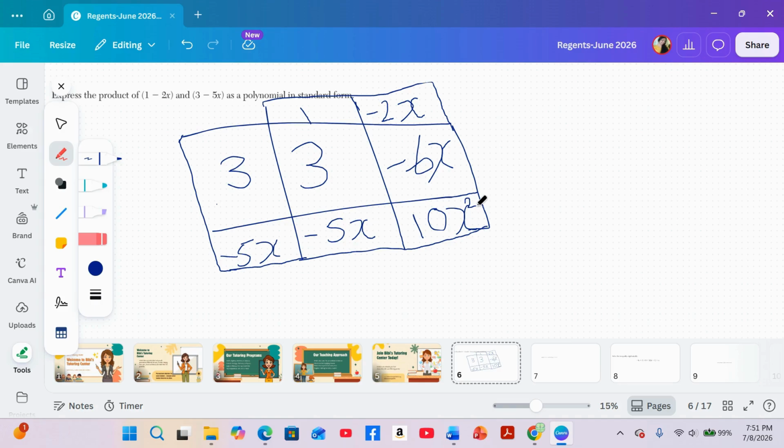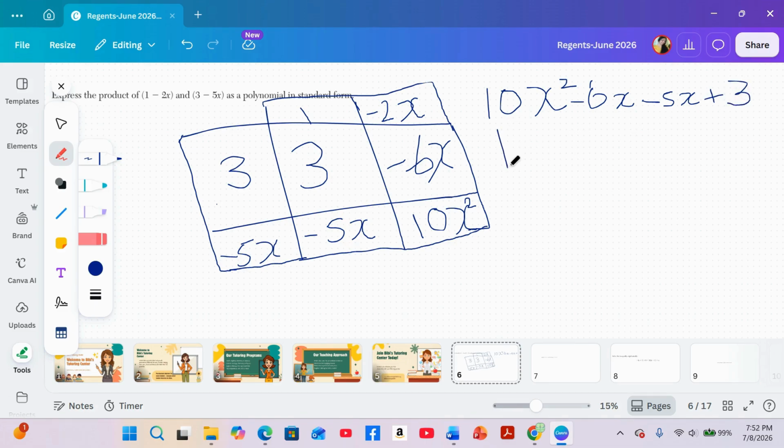To write this in standard form, we'll start with the highest value, which is 10x squared, followed by minus 6x, minus 5x, and then plus 3.